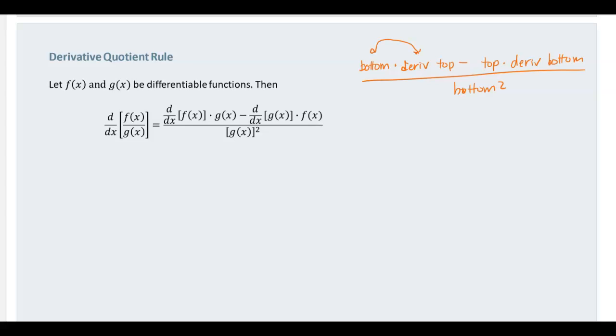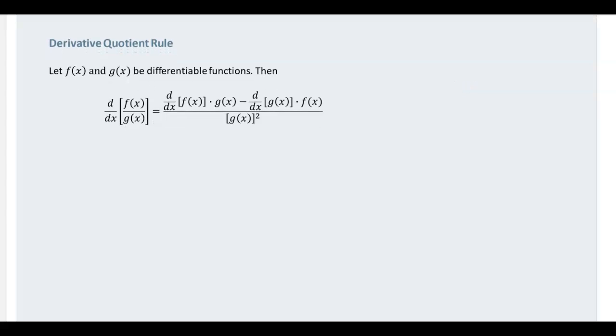They have the derivative of the top times the bottom minus the derivative of the bottom times the top all over the bottom squared. So if you want to just come up with some way that you can to memorize this. Some people use high D low, low D high. You probably I've heard this, those of you that took calculus in high school. But let's do an example problem.